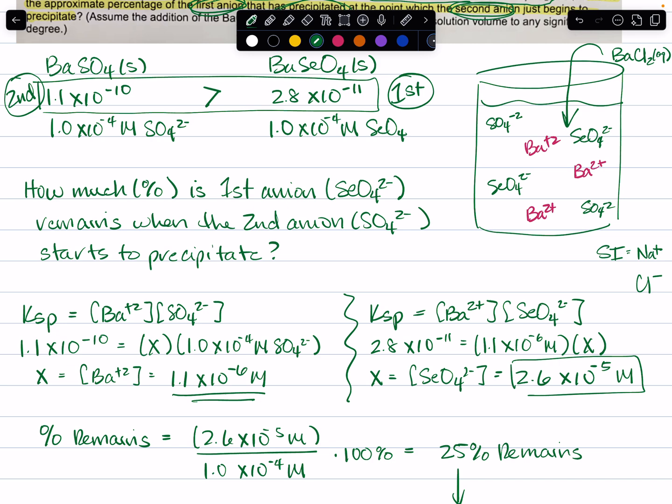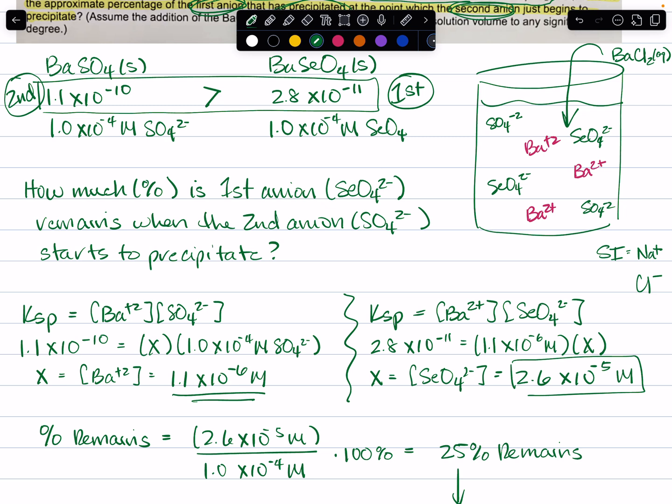Doing these problems where you're continually adding in one of the ions that you're using for selective precipitation, that ion will react with the lower or less soluble ion first, but eventually the amount of that ion is going to decrease to the point where it's going to have a very hard time colliding and finding those counter ions. So the ion we're adding in is going to build up in terms of amount and will reach the minimum requirement for our second precipitation to occur.